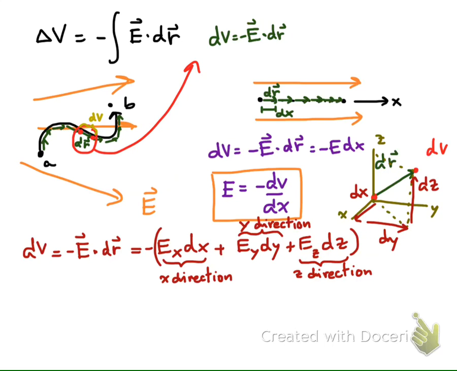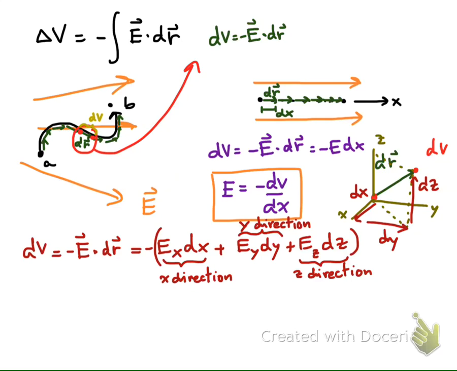And as we mentioned earlier, we can calculate dV independent of the path. So we can go straight from this point to this point, or we go in this direction first, then in this direction, and then in this direction. The first term is due to the change of position in this direction, the second term is due to this change, and the last term is due to this change.